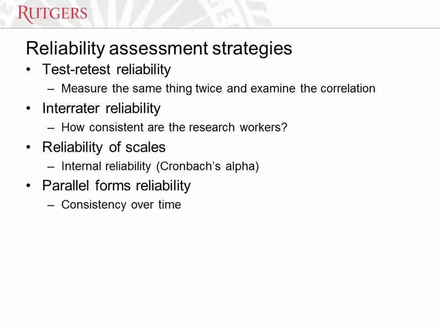Or if we're interested in the reliability of a basic home thermometer for measuring body temperature, we could just measure it twice and see how closely the two readings are. So that's called test-retest reliability.